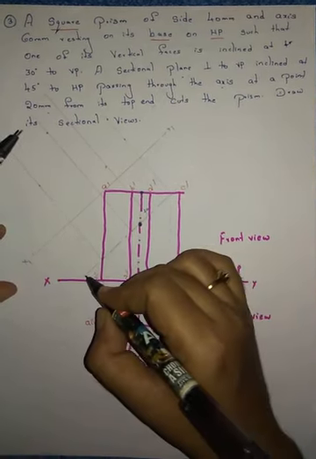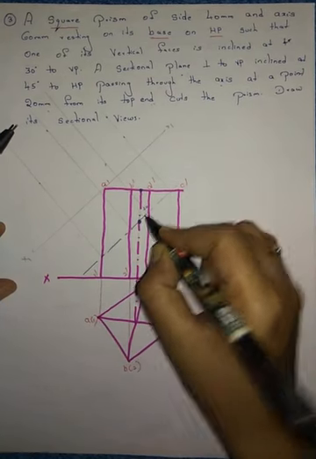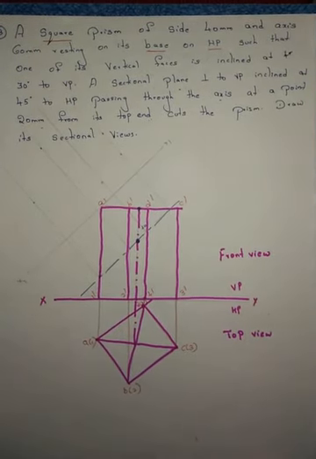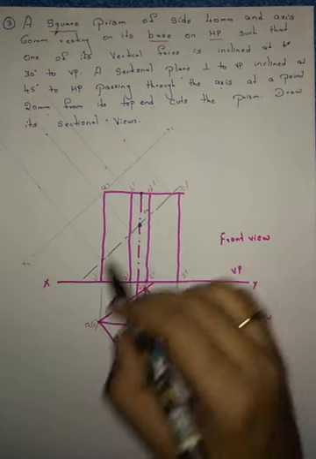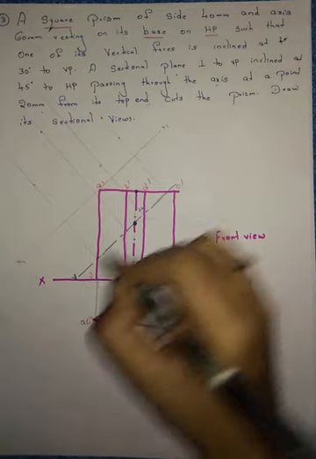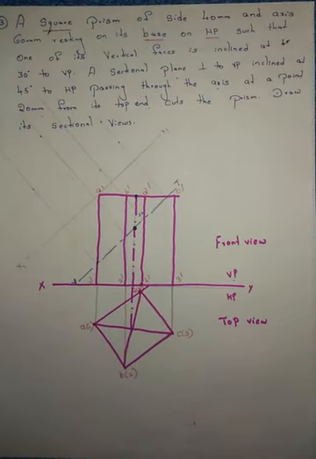Now from that point draw the sectional plane with large dash, small dash, large dash, small dash. So this is your sectional plane. We are drawing the sectional plane in the vertical plane, so name it as VT, vertical trace. So the sectional plane is completed.